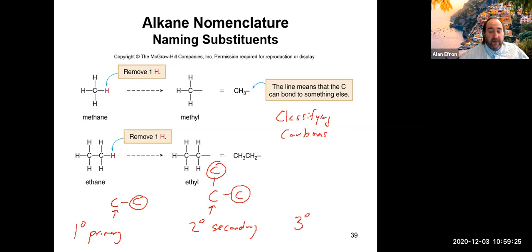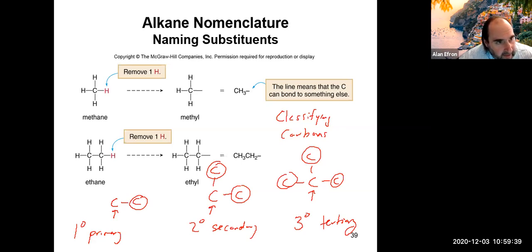And there are tertiary carbons, which is a carbon attached to three other carbons, 1, 2, and 3. So we can classify carbons as a primary carbon, which means it is directly attached to one other carbon, a secondary carbon, which means that carbon you're looking at is directly attached to two other carbons, and a tertiary carbon, which, as the name implies, means that carbon is attached to three other carbons.